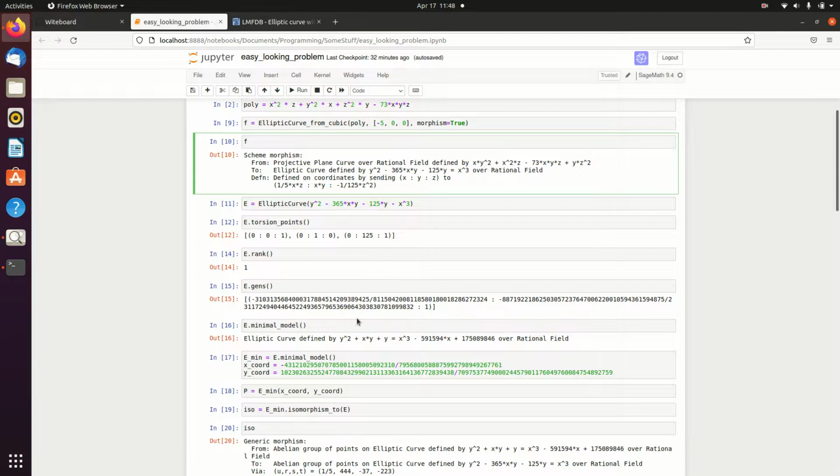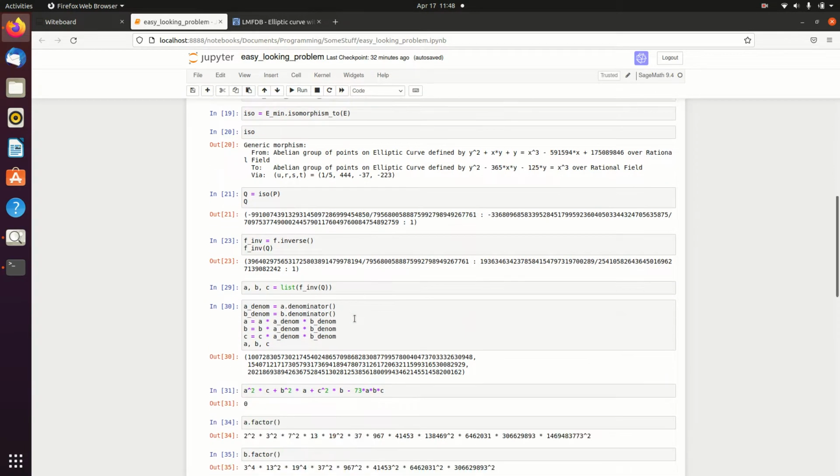And of course we scale by the denominator so that we get integer solutions, not just rational solutions.